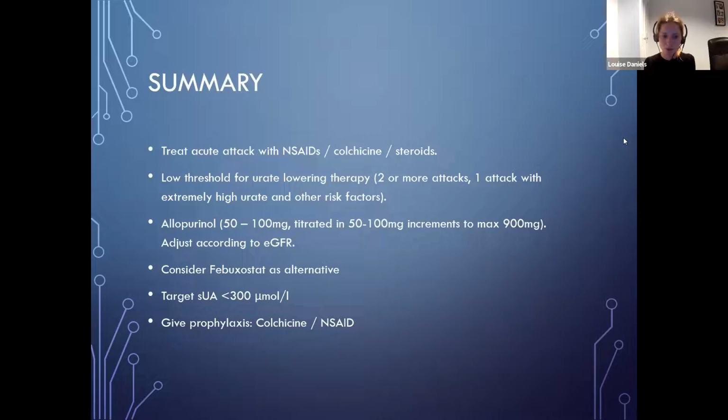Start with allopurinol 50 to 100 milligrams, titrate in 50 to 100 milligram increments to a maximum dose of 900. Adjust that according to their eGFR, and you can use the table in the BSR guidelines. Consider febuxostat as an alternative. It's 80 milligrams increasing to 120. The last time I'll say it, serum uric acid level target is less than 300 micromoles per litre.